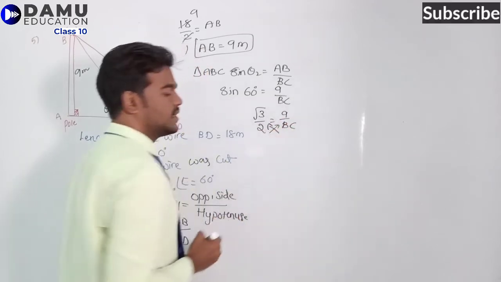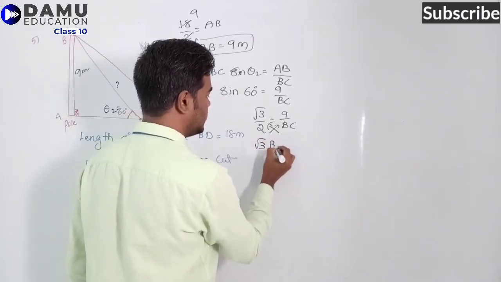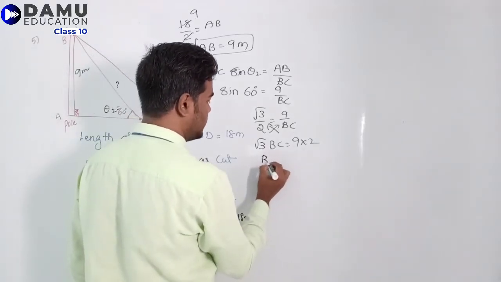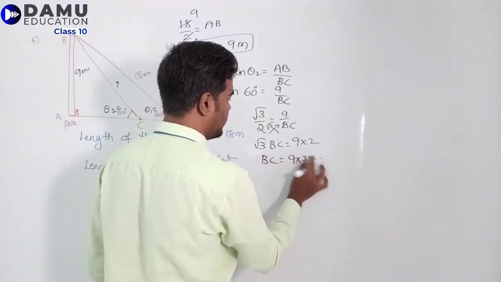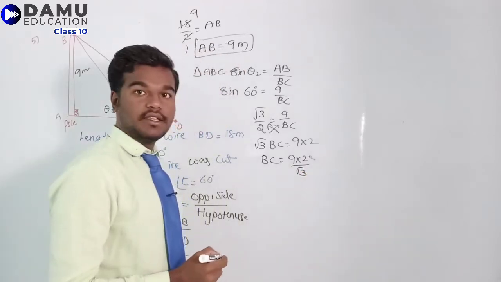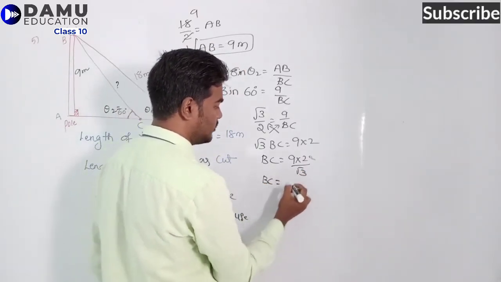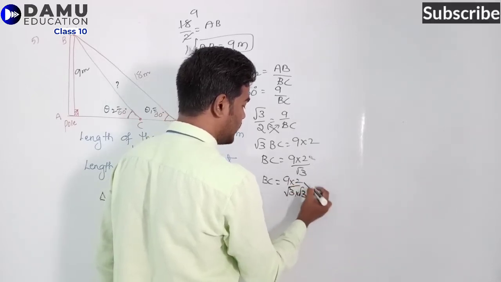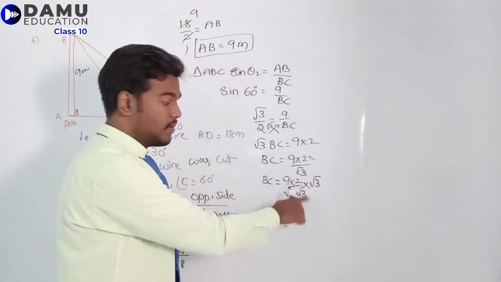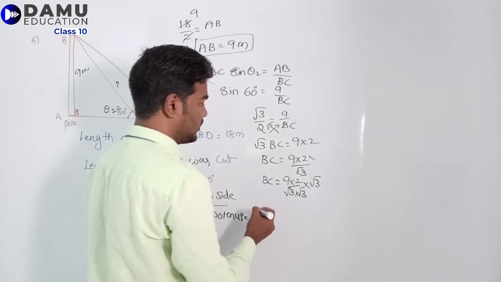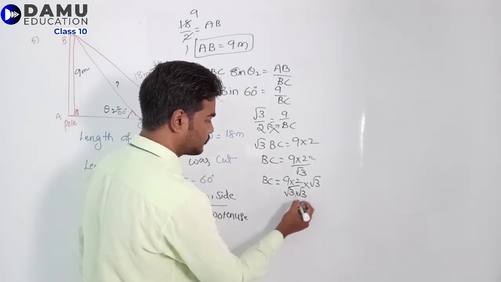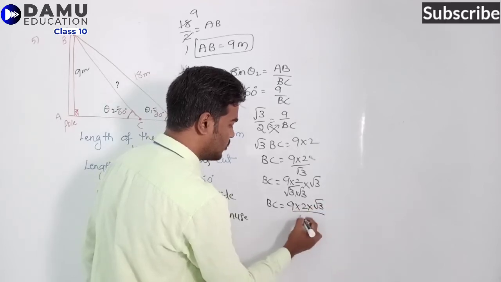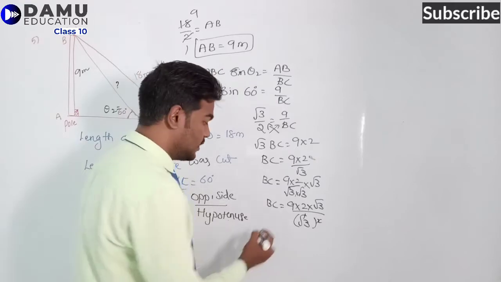Let's cross multiply here. So root 3 BC will be equal to 9 into 2, so BC will be equal to 9 into 2 divided by root 3. We can do one thing here: multiply by root 3 on the numerator and denominator. So BC will be equal to 9 into 2 into root 3 by root 3 whole squared, so the square root will cancel.